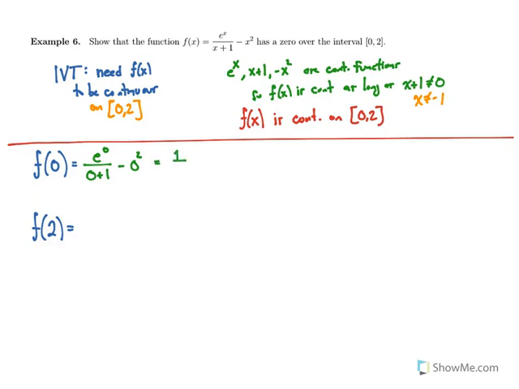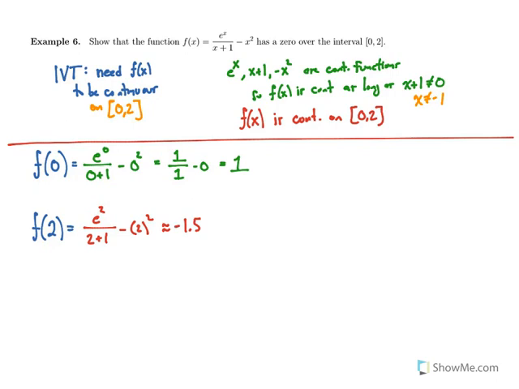That is 1 over 1 minus 0. That's just a value of 1. f of 2 is going to be e squared over 2 plus 1 minus 2 squared. I've got to use a calculator to kind of see what this is going to be. This is going to be about negative 1.5.